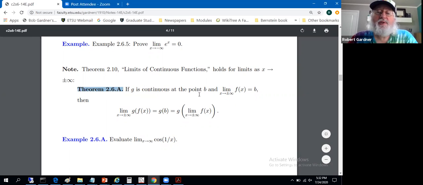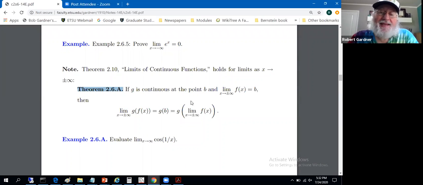If g is continuous at the point b, and the limit as x approaches plus or minus infinity of f of x equals b, then the limit as x approaches plus or minus infinity of the composition function, g composed with f of x, equals g of b, or in other words, equals g of the limit as x approaches plus or minus infinity of f of x. You can take the limit inside the g function because the g function is continuous.